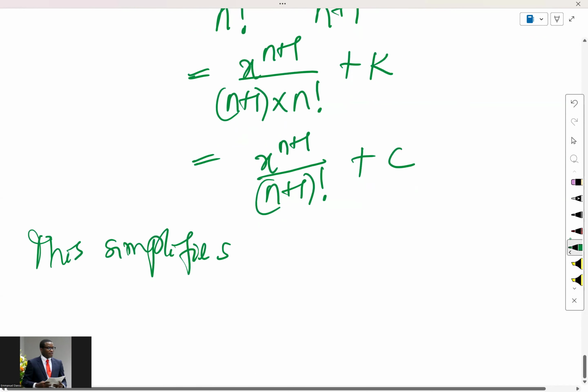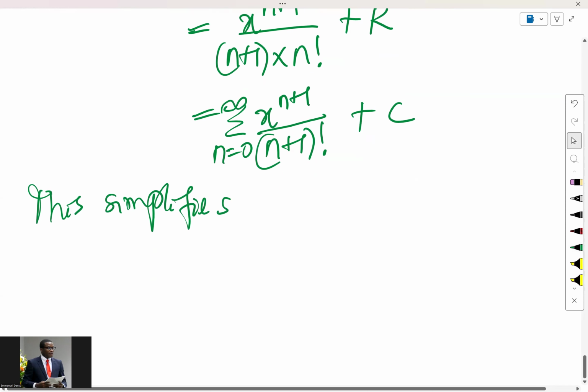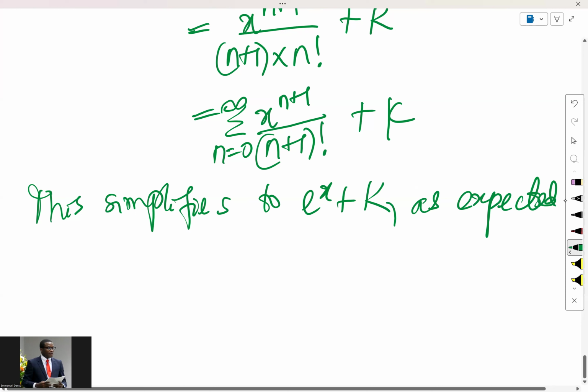So this simplifies, and that's now the summation from n equals 0 to infinity of this. This simplifies to e raised to power x plus the arbitrary constant k or c, as expected. So there we have it.